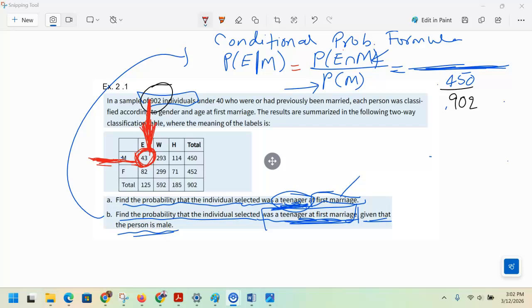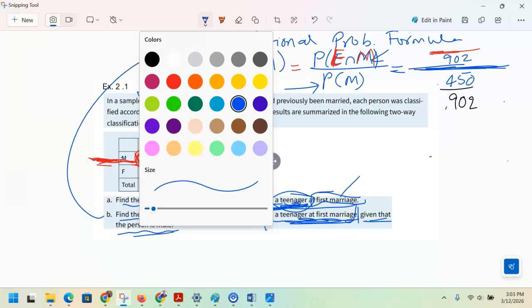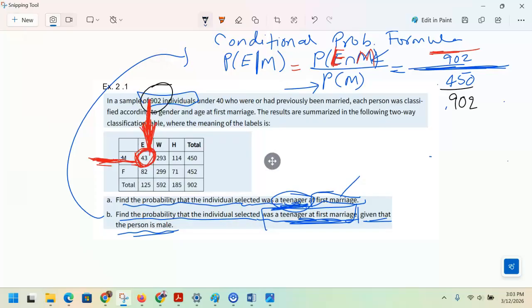So that means this E and that part E, that means in 20s, and the person is already male. That means this also is out of 902, and the numerator is 43, so that 43 goes up here.